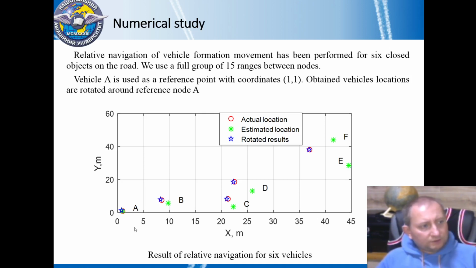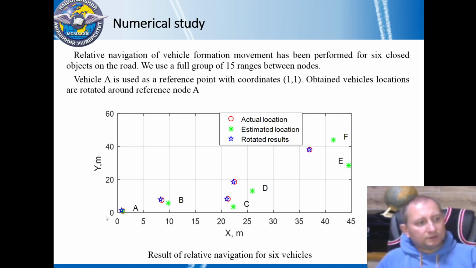And here you can see the red circles. These are the coordinates of vehicle locations which we got after getting the configuration of our formation of vehicles. Then we apply our formulas. That's why we've got 15 ranges between our nodes.